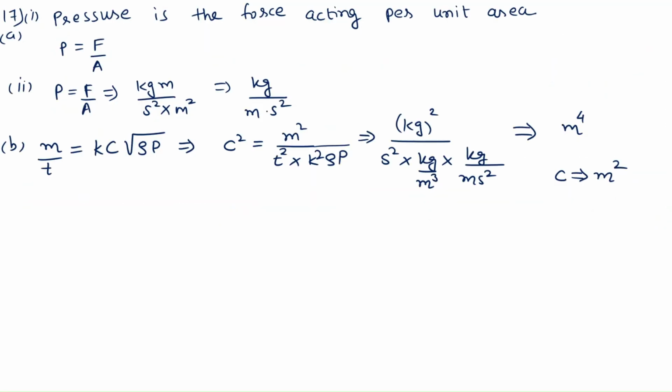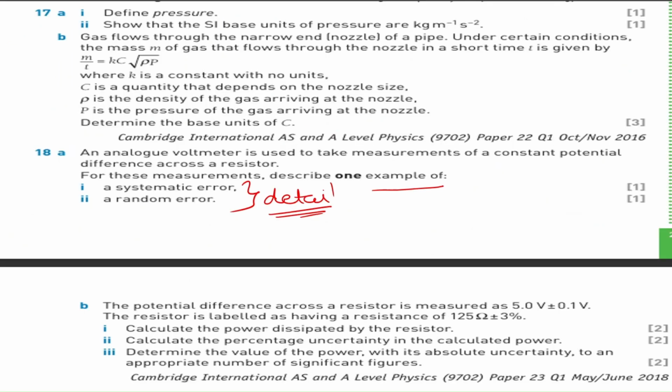So in question 18A, it is all about theoretical knowledge. In B, they give us a potential difference across the resistor of 5 volt plus or minus 0.1 volt, and this is the value of voltage. Now the resistor is labeled as having a resistance, and they give us the resistor value. Now we have to calculate the power dissipated by the resistor, and second, calculate the percentage uncertainty.